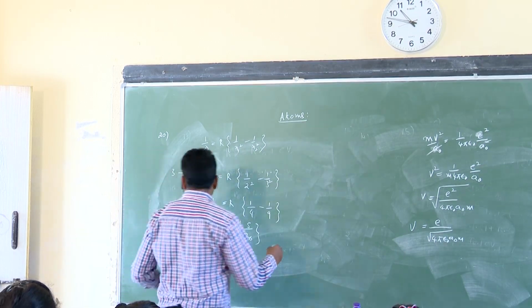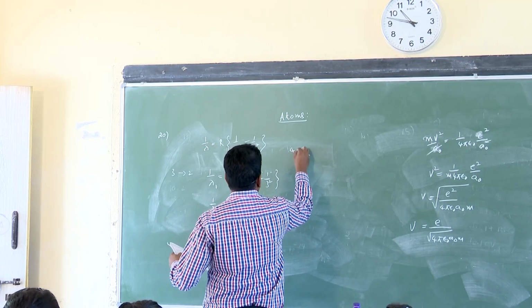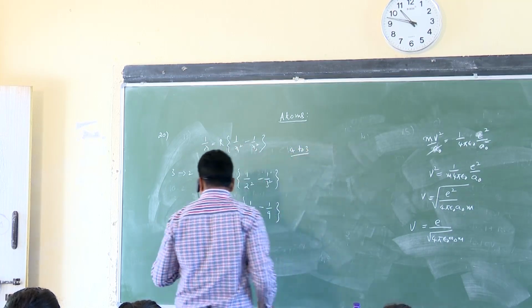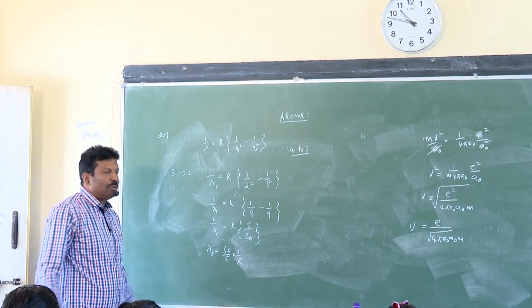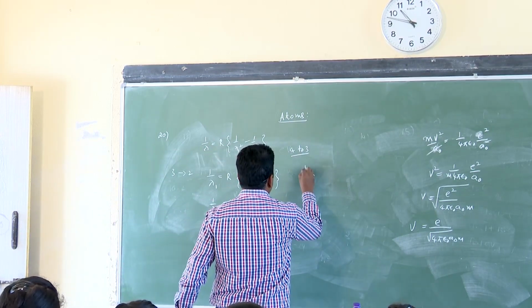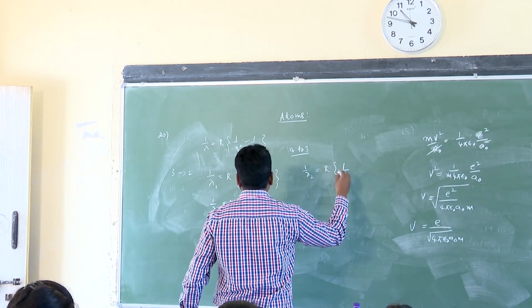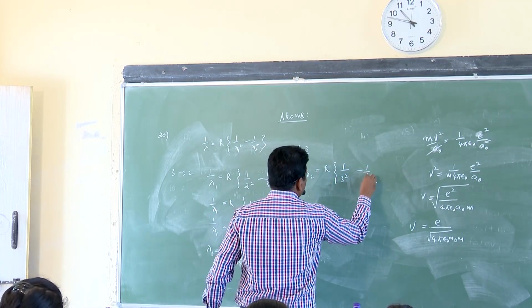Second one is what? 4 to 3. It jumps from the fourth orbit to the third orbit. So 1 by lambda 2 is R into 1 by 3 squared minus 1 by 4 squared.